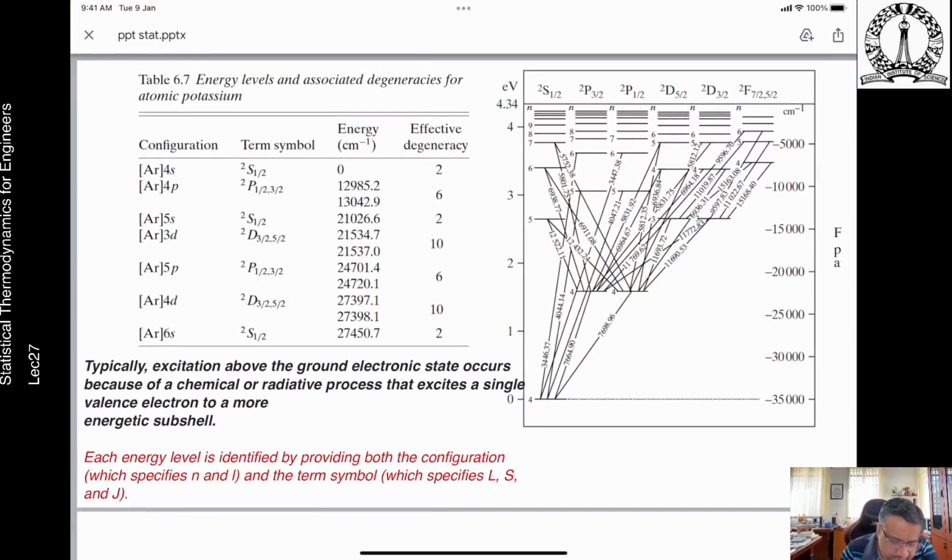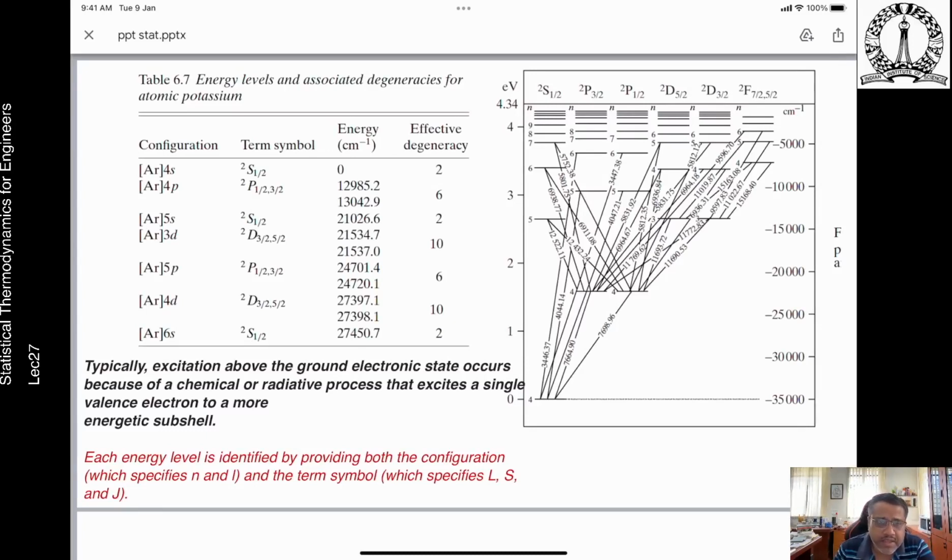These are the energy levels and the associated degeneracies for atomic potassium. As you can see, the configuration is the argon configuration and 4s, the term symbol is written as 2S1/2, and the effective degeneracy is given by 2. We will come to what is actually called effective degeneracy in just a little bit.